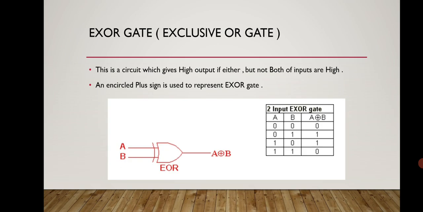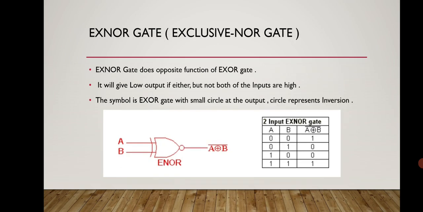Now let us see the last gate, the XNOR gate, which is termed the exclusive NOR gate. This performs the opposite function of the XOR gate we discussed last. That is, XNOR is the opposite of the XOR gate. It will give a high output only when both the inputs are 0 or both the inputs are 1.